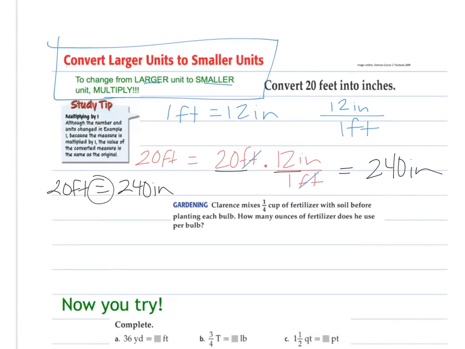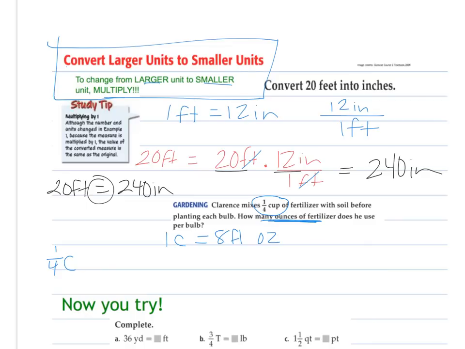Try this next one. Clarence mixes 1/4 cup of fertilizer with soil before planting each bulb. How many ounces of fertilizer does he use per bulb? I know that I'm looking at 1/4 cup, and I know that 1 cup is equal to 8 fluid ounces, based on my chart, so always go reference that.